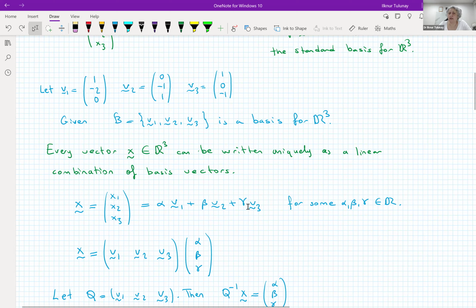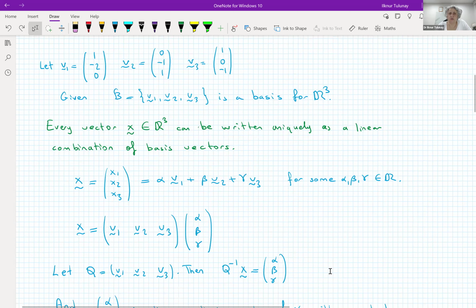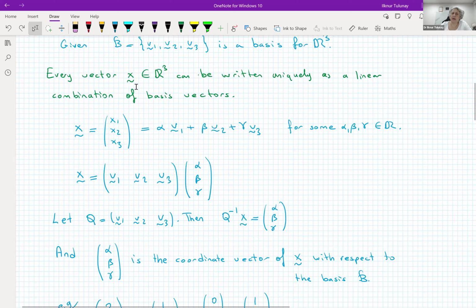We don't know alpha, beta, gamma, for example, but you will figure them out by solving this kind of equation, and that will give you the coordinate vector with respect to the basis B. These are the coefficients, and these coefficients will be the coordinate vector. So let's think that way.